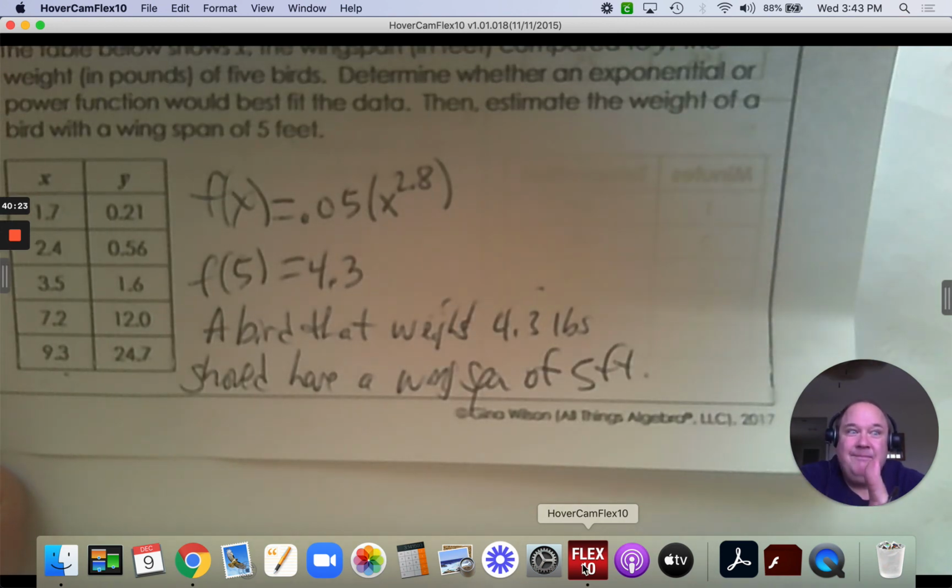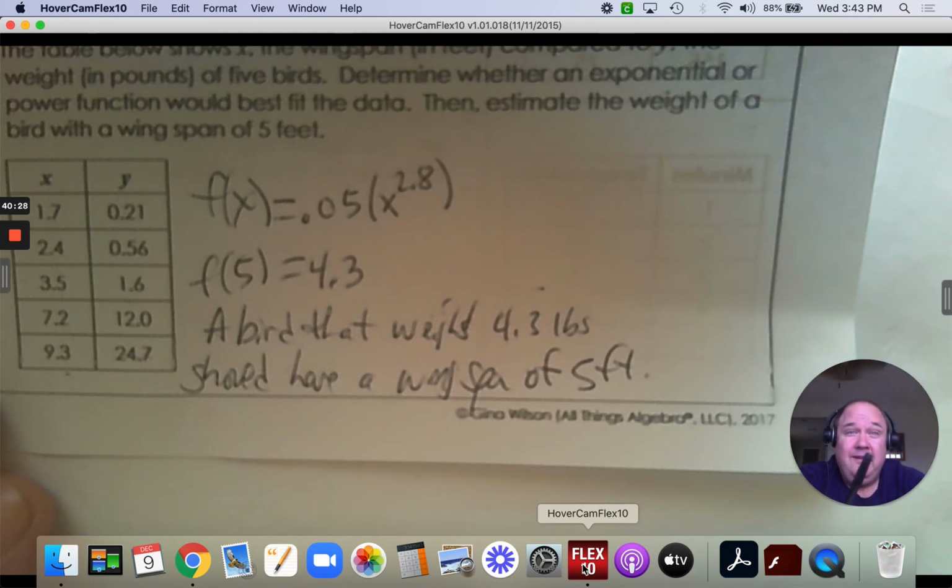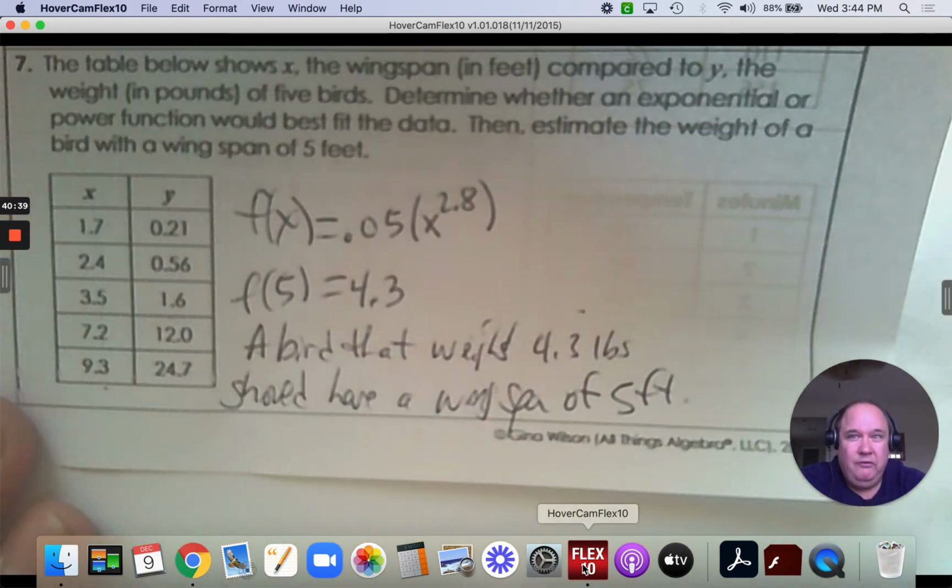Done. Hey, that's it. So these were all nonlinear regressions. We're using Desmos and doing a table of values, modeling with Desmos and finding the model that gives me the r squared closest to positive 1. And then we're using it to answer a question.